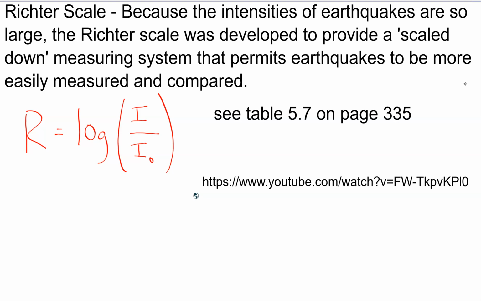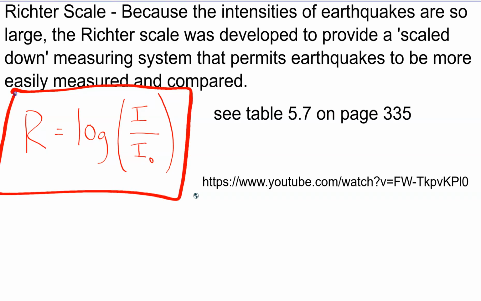And this is in your book too, but this is the formula for Richter scales right here. And this is the magnitude, so I'm going to tell you what each of these mean.